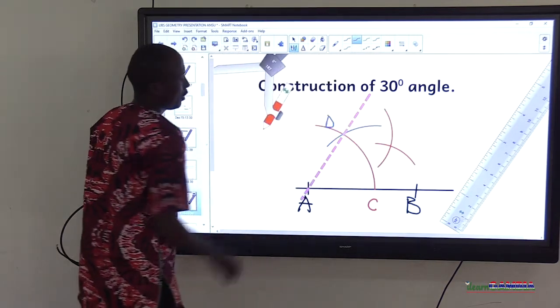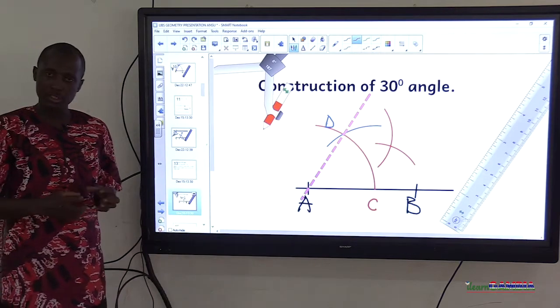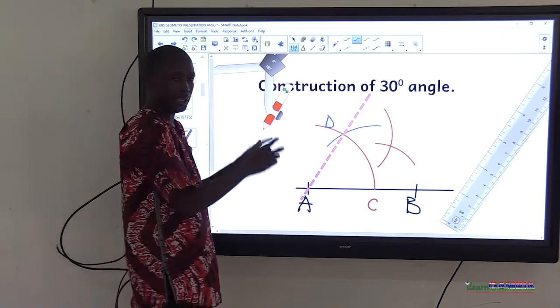Now you can see we have two arcs inside the angle that are intersecting.